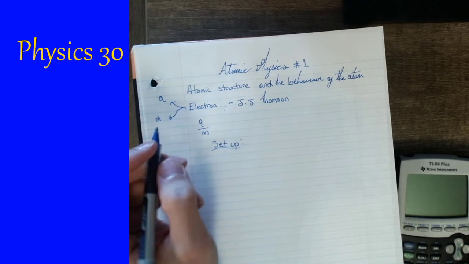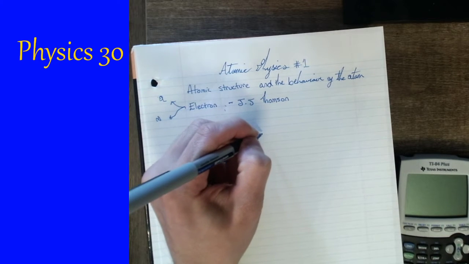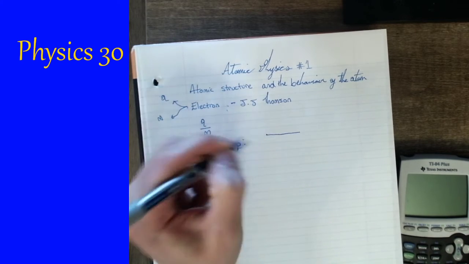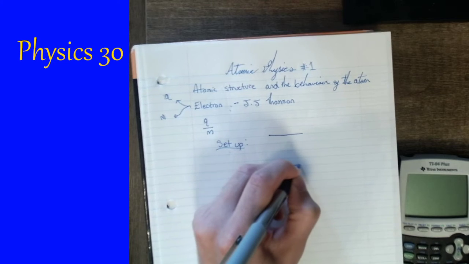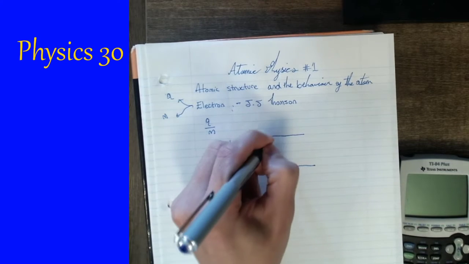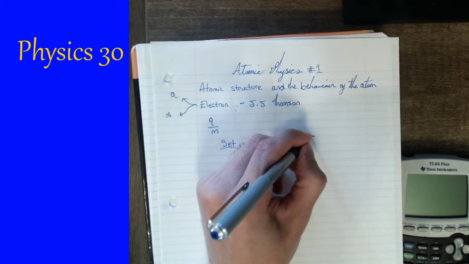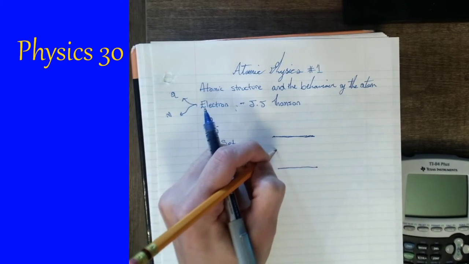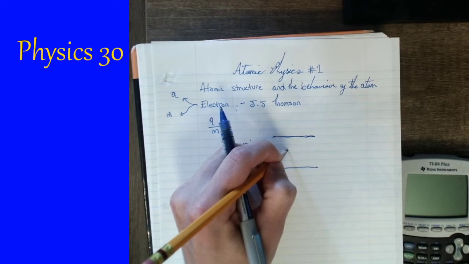So the first is, let's say you have an electric field maintained by two parallel plates, perhaps. So you have an electric field that points downwards.